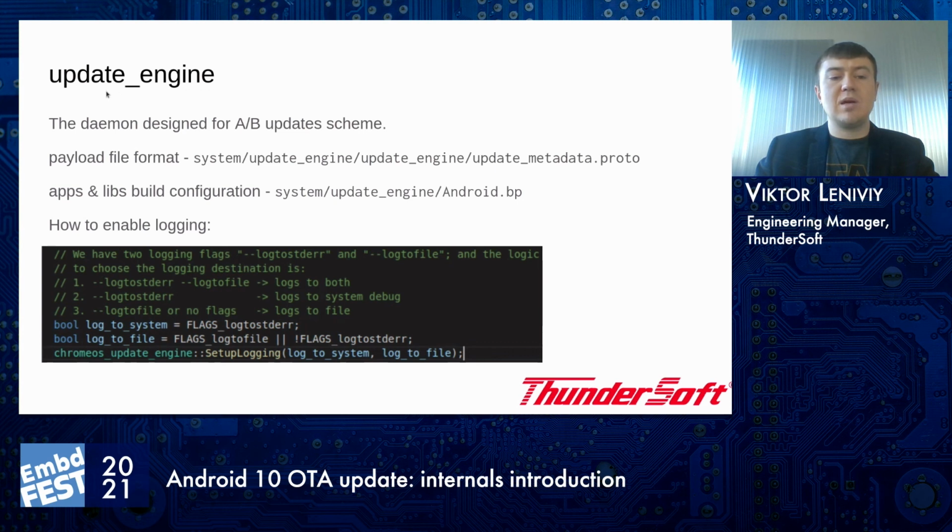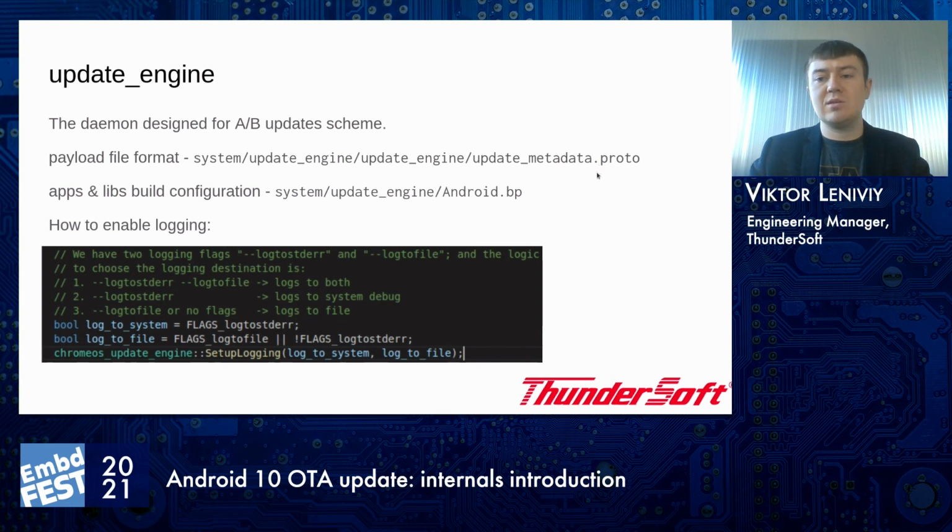Update engine is a daemon designed for AB updates. It runs all the time alongside regular Android processes, but for the user it is unseen. So the payload file format you can find on this path underneath the update engine sources in protobuf format.